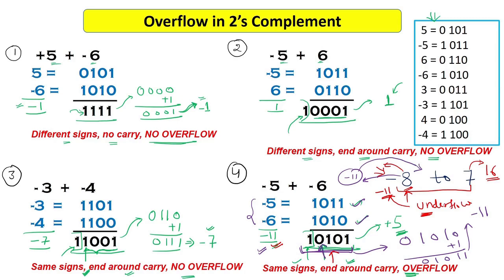Too small signifies the underflow situation. So these are different interpretations of the overflow concept, but the main thing is the detection procedure for overflow in the case of signed numbers: adding two positive numbers generates a negative number, and adding two negative numbers generates a positive number.